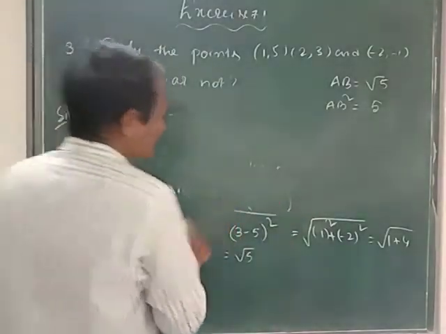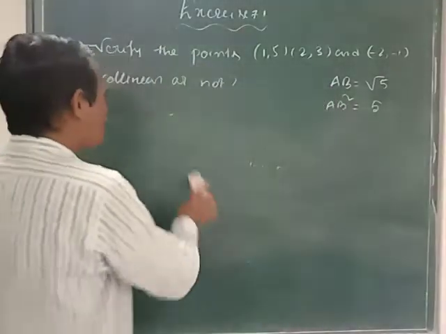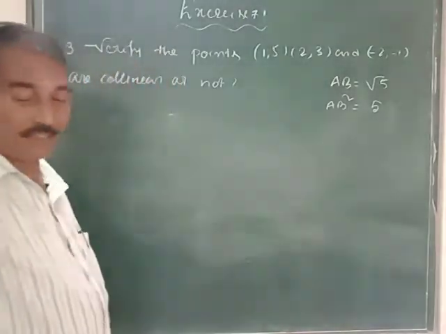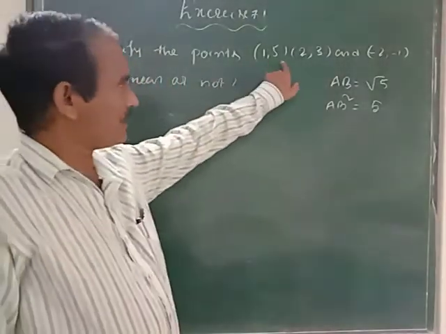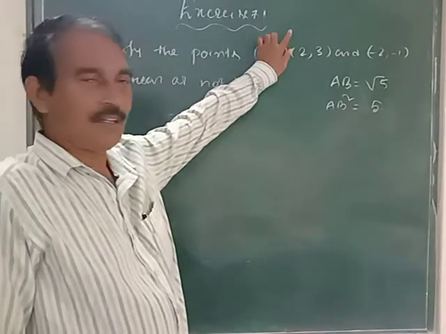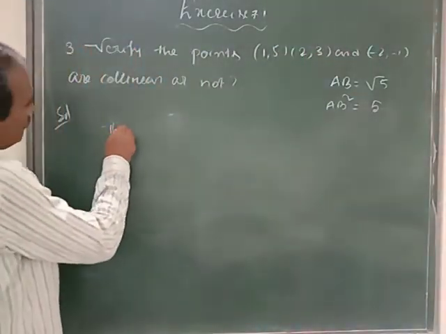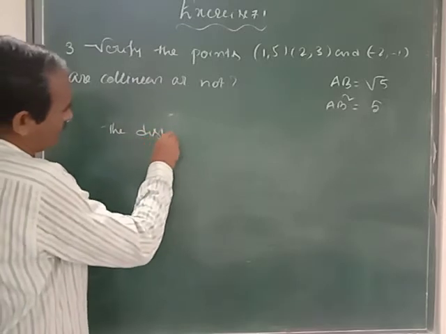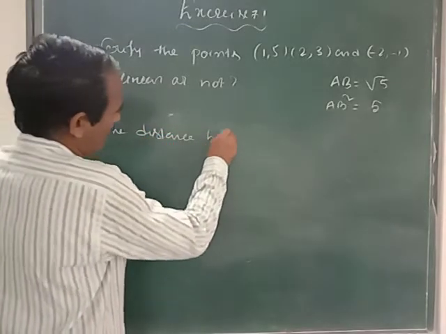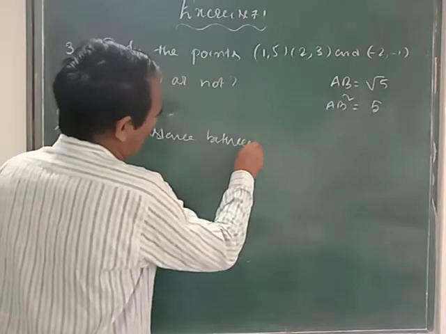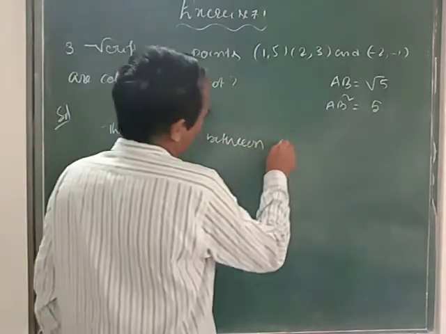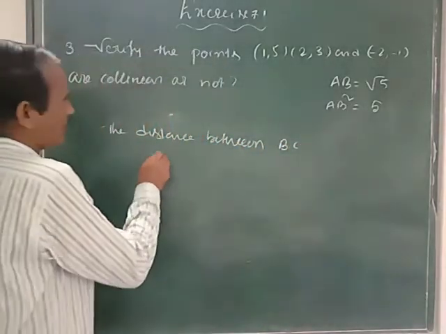How to find the distance between BC? Don't consider A, already this is over. Now B and C. Here, what is the B value?